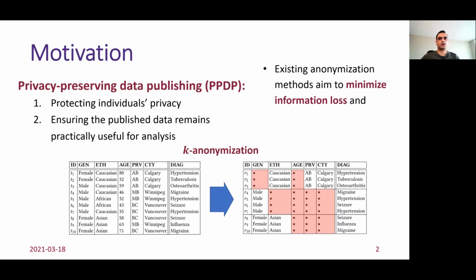And they basically ignore the diversity of values in the initial data. But this diversity, the diverse values that might exist in the initial data, can be useful for the downstream data analysis tasks that use these published data sets.